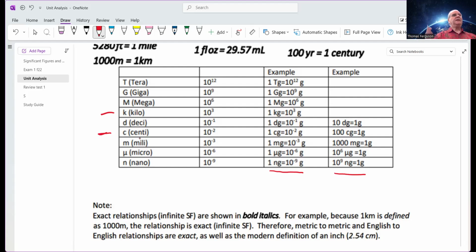Kilo is becoming more and more common, especially in the recreational activities of people. Kilo seems to come up a lot. Milli comes up a lot regarding drug doses, etc., and micro as well. Depends on what drug you're taking.